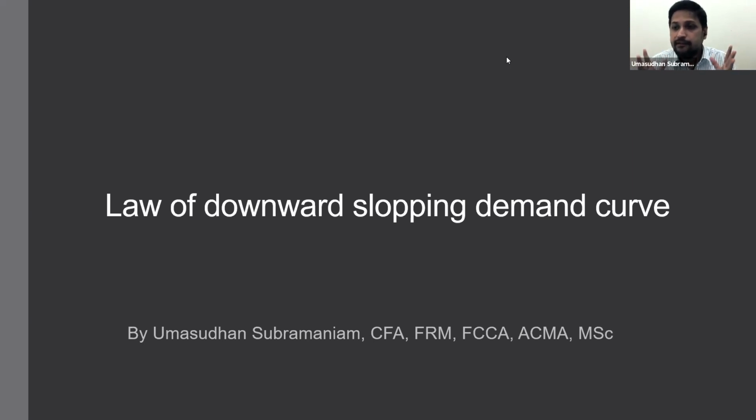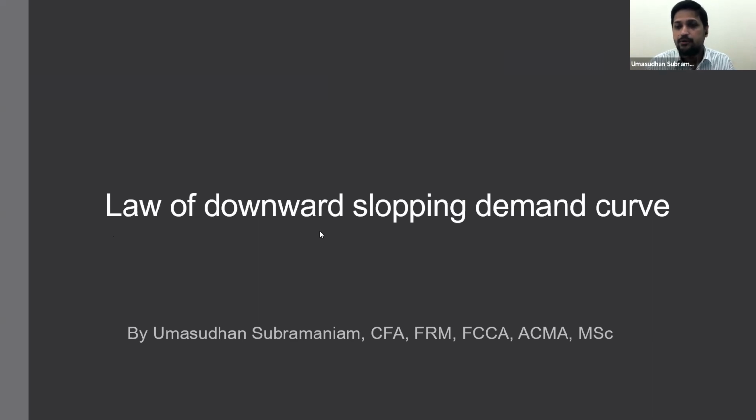So which is a negative relationship between price and quantity demanded, because people want to maximize the utility of a product, which would mean we would buy a product more when the price is lower, and we would buy them less when the price is more. So there's a negative relationship between price and quantity demanded, and that's what we are talking about in a downward sloping demand curve.